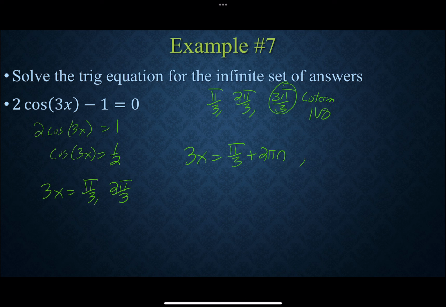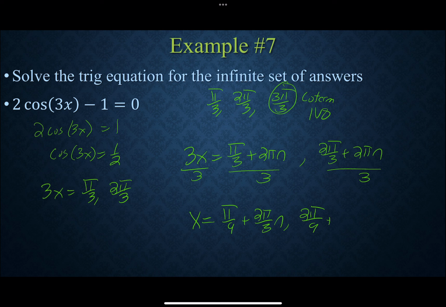And we'd have it equal to 2 pi over 3 plus 2 pi n. Which means, since we need to get x by itself, everything divides by 3. So our true answer would be pi over 9 plus 2 pi over 3n, and then 2 pi over 9 plus 2 pi over 3n.